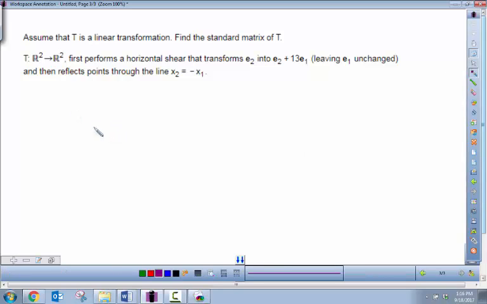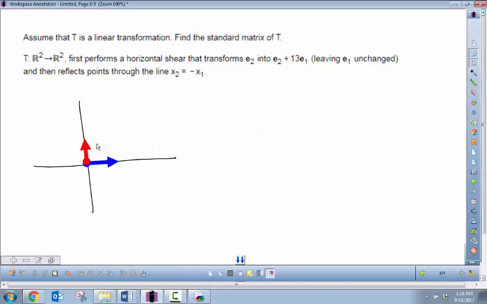Like we did in the previous problem that we got from the book, we could take a look at what happens to these two vectors. All right, a shear transformation that takes E2 into E2 plus 13E1.